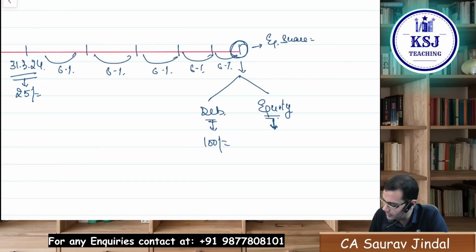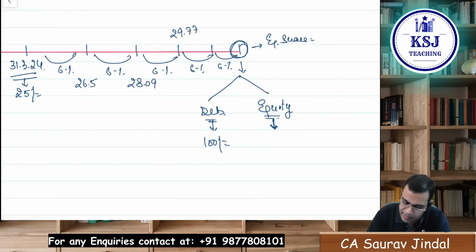So 25 plus 6%, you will get 26.5 here. Right, plus 6% you will get 28.09 here, plus 6% you will get 29.77 here, plus 6% you will get 31.56 here, plus 6% you will get 33.46. This will be the value, 33.46.